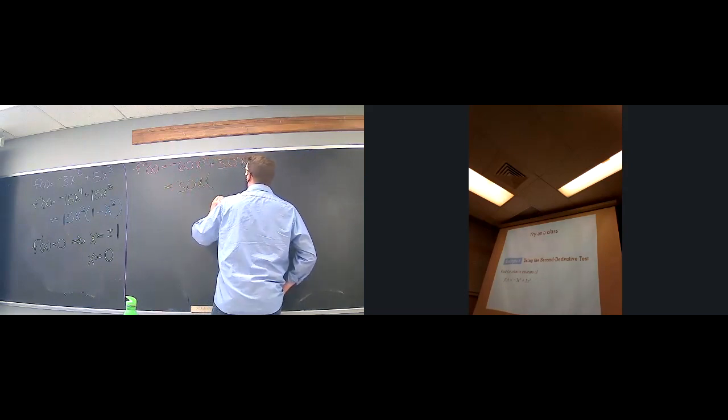And when we do, we're going to get 30x times 1 minus 2x squared.